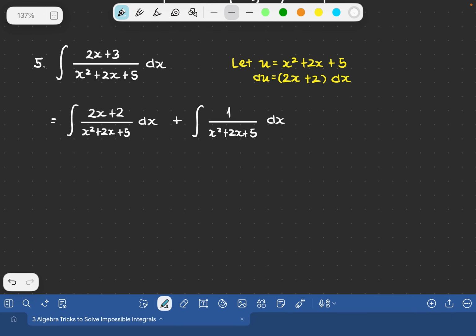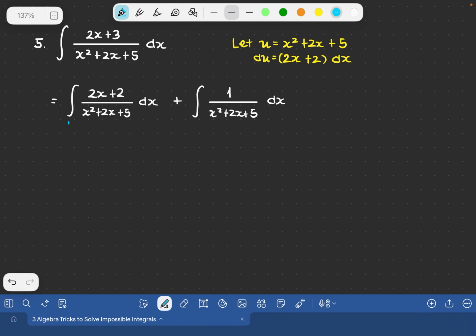There. So just to keep our solutions neat, let me name this one as A, and let's name this as P, and let's name this as I to represent pi. And let's deal with these two individually.